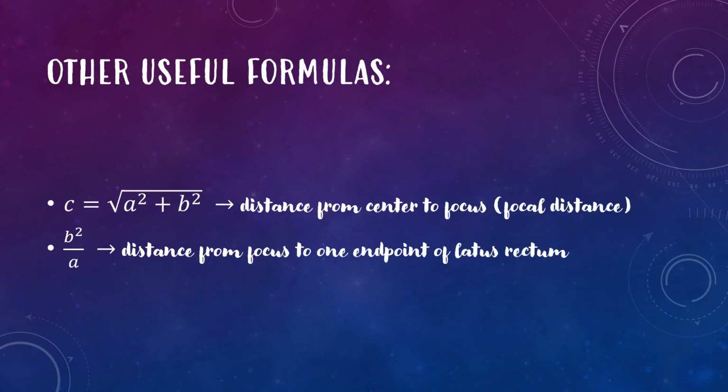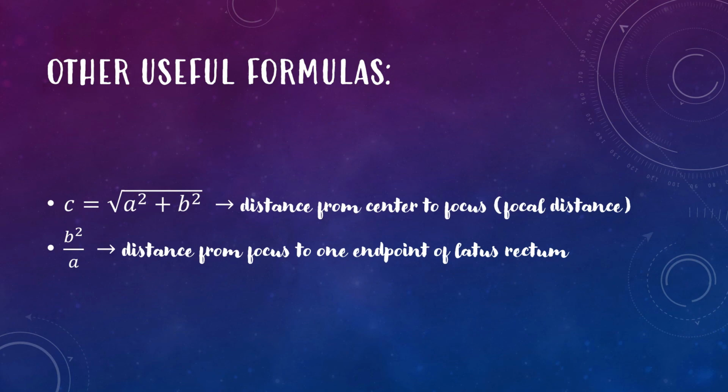So, other useful formulas. We have c equals the square root of a squared plus b squared. That is the distance from center to one focus, or the focal distance. Okay, so formula na siya in getting c because kung mapansin ninyo sa standard form, a and b lang ang naa dito, walay distance c.